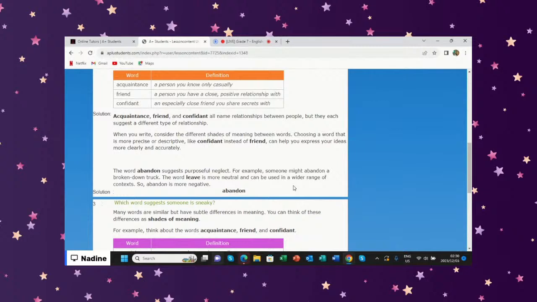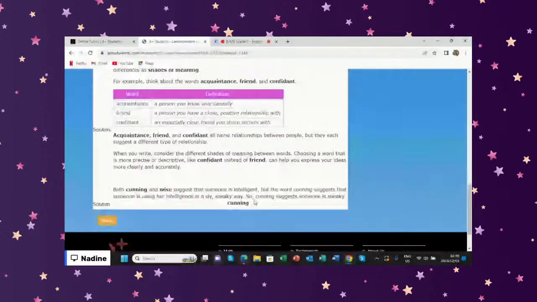So now, which word suggests someone is sneaky? Are they cunning or are they wise? This is now a sneaky person. Are they cunning or are they wise?